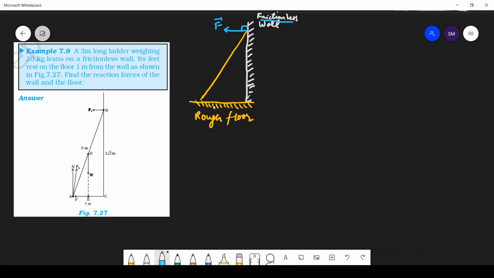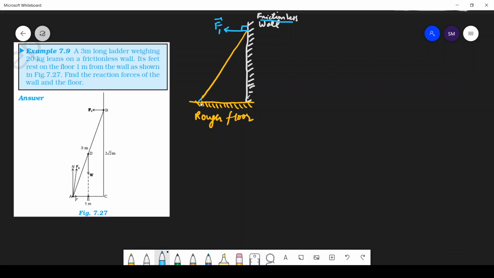But when we have the rough surface, then what will the reaction force be? Here the ladder was applying force on the wall, and the wall was also applying force on the ladder. Here the resultant force was only perpendicular, the reaction force. Let us call this force F1.